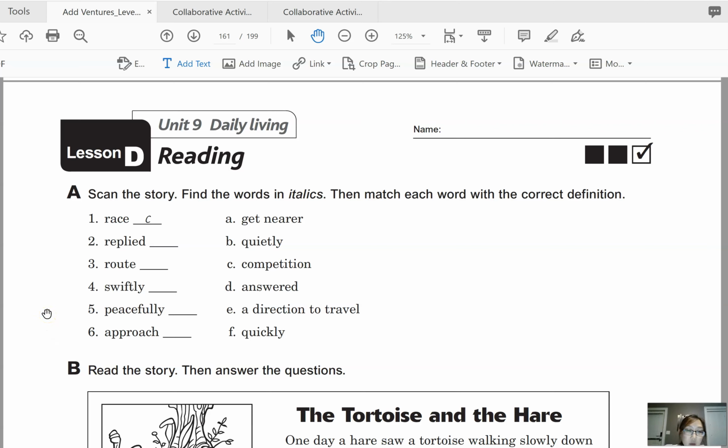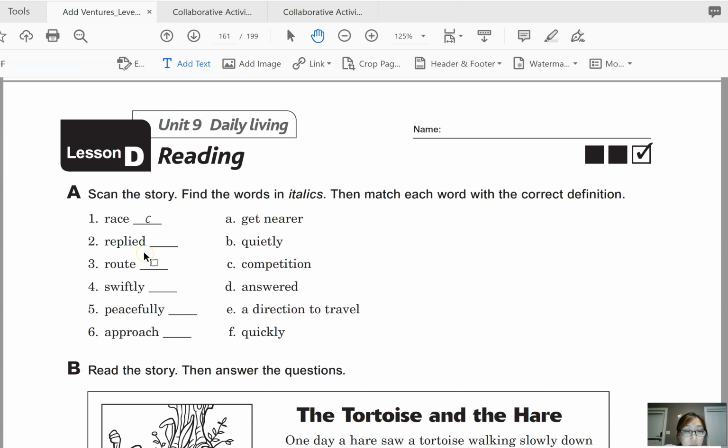Okay, so let's look at number 2, replied. Actually for this one, I'm not going to type the letters in, so just listen carefully. But number 2, we can say replied means answered. Okay, so letter D. And in this case, you do not need to say replied, of course, because replied is a verb.